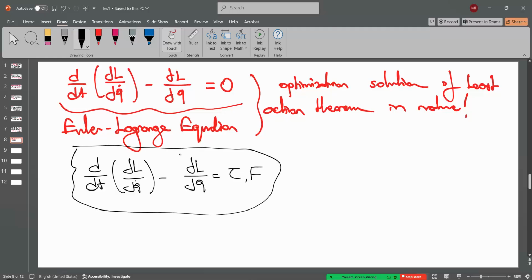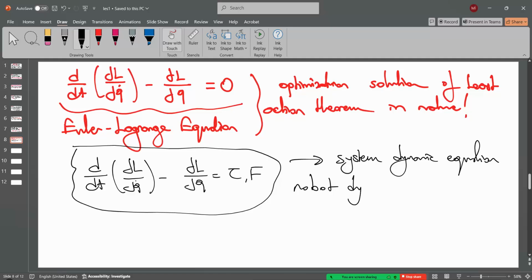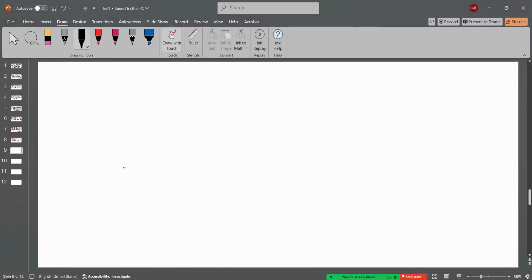This is the what? The general form of the system dynamic equation, especially for the robot dynamics or the nonlinear dynamics. We can utilize these equations if we have the kinetic and the potential energy, and so we can use this formulation in our equations. Okay, and so we can write these conclusions in here.